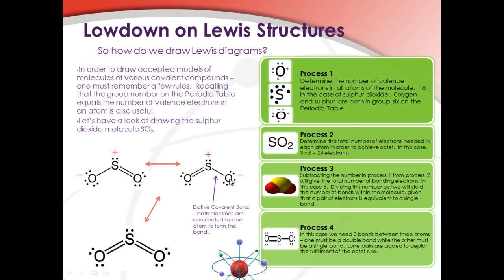But if this oxygen here was to form a single bond with the sulfur, it would mean that there would be 1 extra electron being contributed from the oxygen, giving a total of 7 electrons around the oxygen. Now, is this true? Well, no, it's not really true. Oxygen has 6 electrons in its valence shell. We've got 6 electrons here, so where does this single bond... You see what I'm saying? The oxygen has no electrons to contribute to the single bond if there's 6 electrons here.